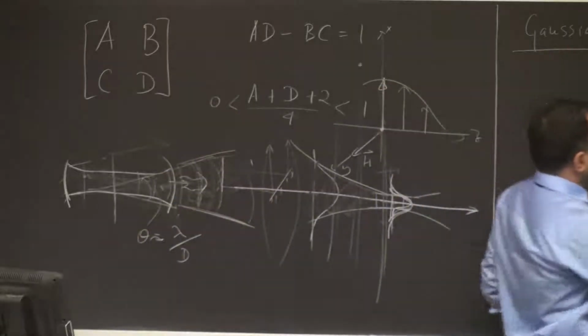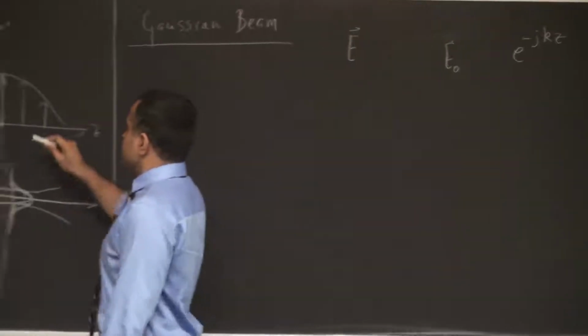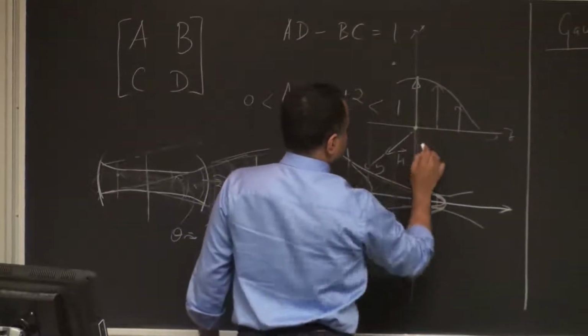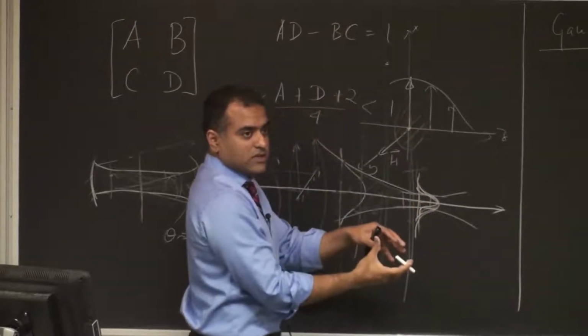Whereas with the Gaussian beam, we allow for the fact that no, I don't need my electromagnetic wave to have the same amplitude over the entire xy plane, but it may be a beam which is concentrated somewhere near the origin, right?